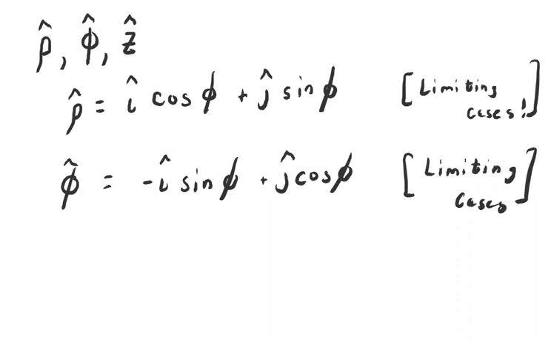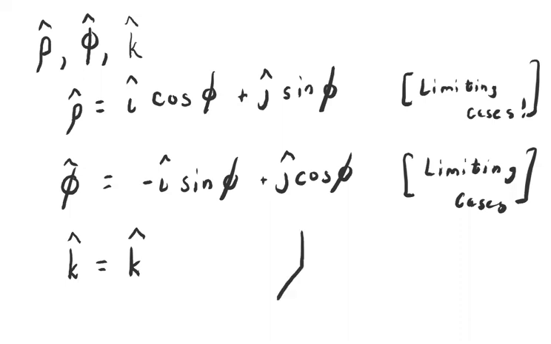So I'm missing one. And actually, to be consistent with my notation from lecture 1, this will be k hat. So k hat is just k hat. That's it. The unit vectors for cylindrical polar coordinates are just the same as the unit vectors for plane polar coordinates plus this additional k hat vector.